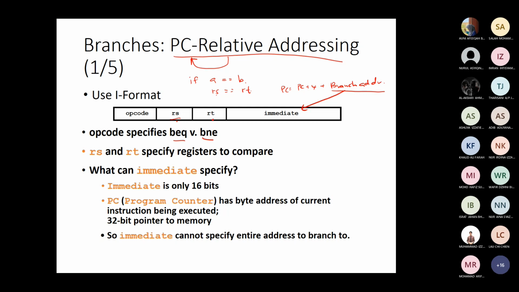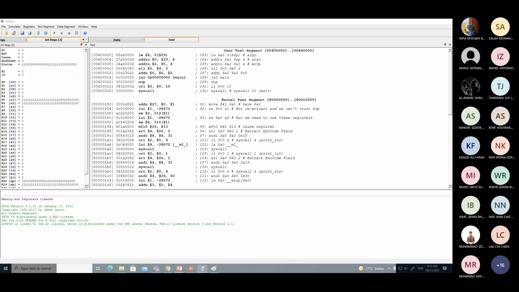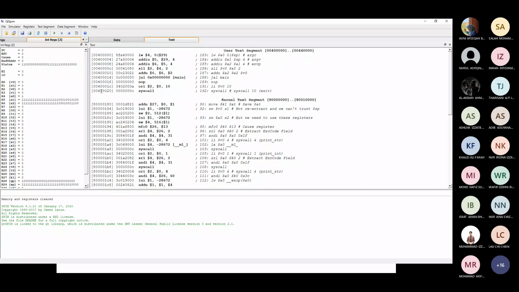So we only need to know how many instructions we need to execute after we add PC plus 4. The PC has the byte address of the current instruction being executed. So we have a PC with content 00400024.